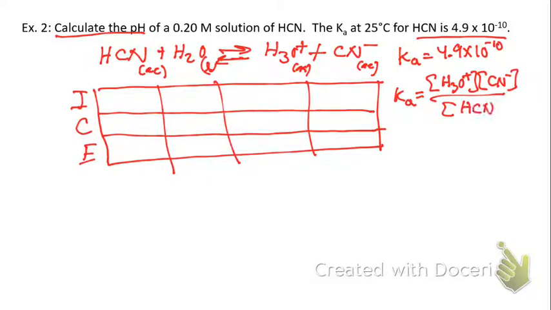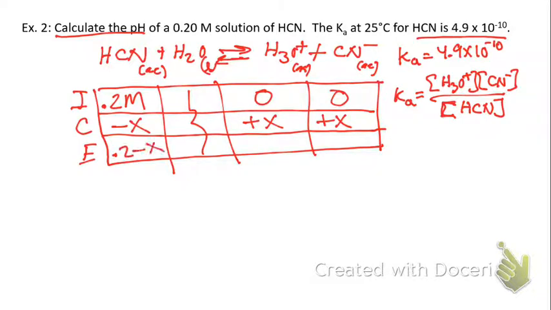Again, water is not included because the base here, which is water, is in the liquid form. So there we go. Now, initial concentration is 0.2 molar. Water we don't care about, 0 and 0. The change in concentration is minus x, plus x, plus x. Equilibrium is 0.2 minus x, x, and x.